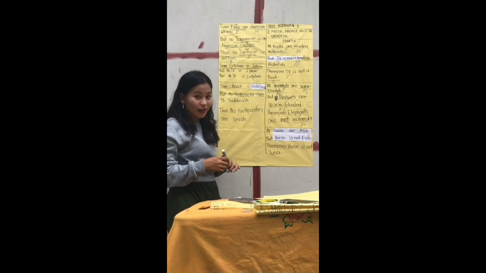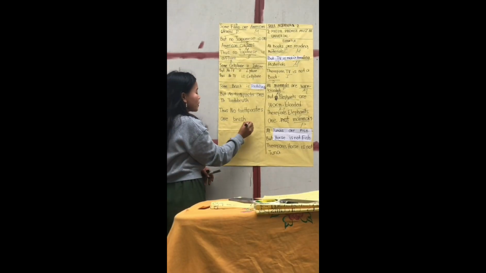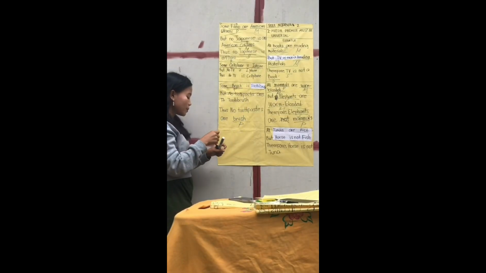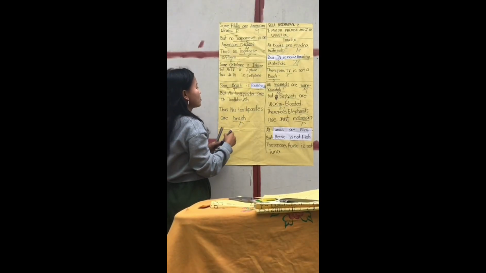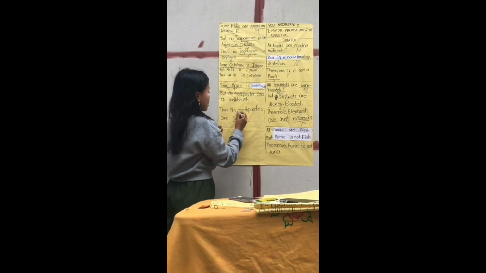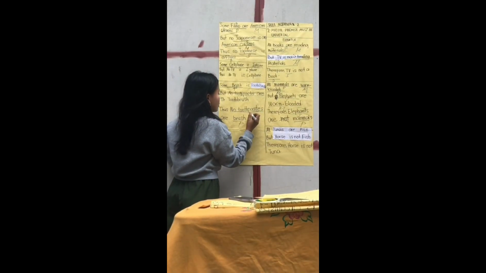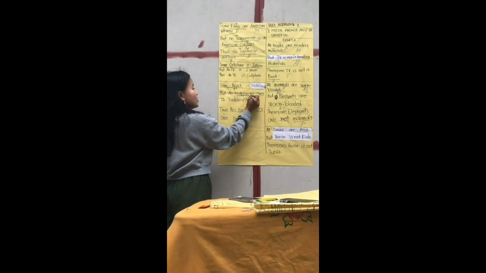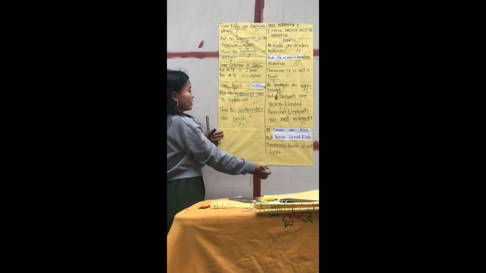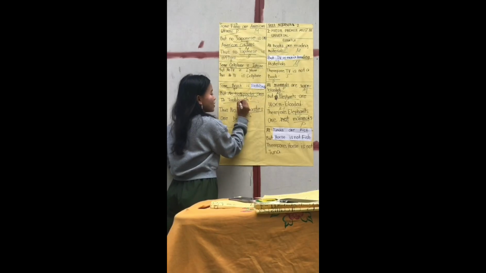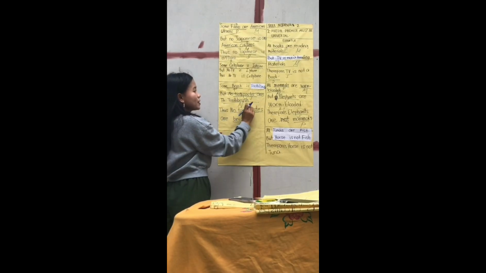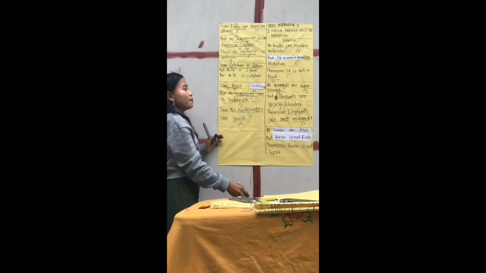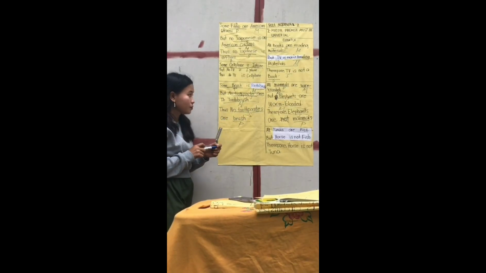Si brush pa rin yung particular natin dito sa major premises. Sa conclusion natin, ang toothpaste yung subject natin. Sa minor premises natin, si toothpaste pa rin yung subject natin. And si toothbrush yung middle term natin sa minor premises natin, and sa major premises natin is middle pa rin yung toothbrush natin.